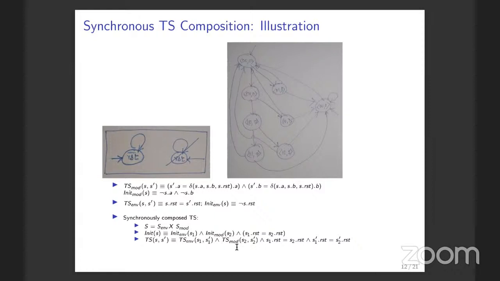So the formula that captures the lockstep semantic, in which you're forcing both the transitions to take effect, is done by taking the conjunction. Because you're saying that part of the state of this component has to be moved as per this transition of the mod counter, and similarly, the environment has to be made to march ahead as well, as per the environment transition. That's what I mean by lockstep.